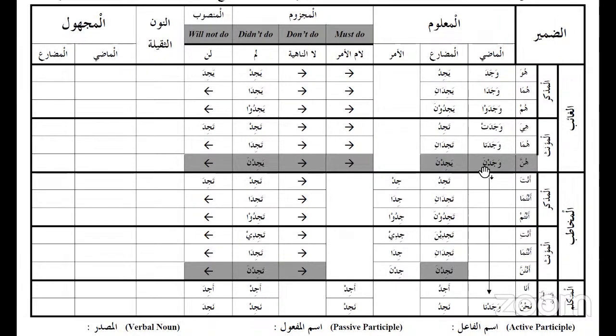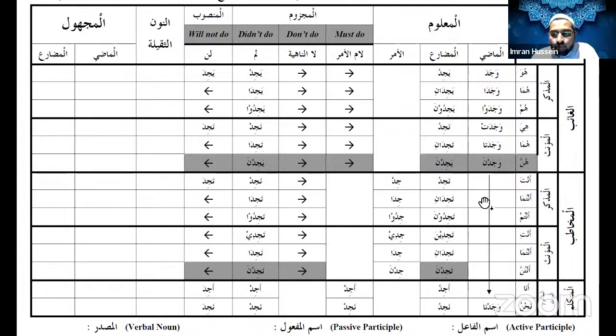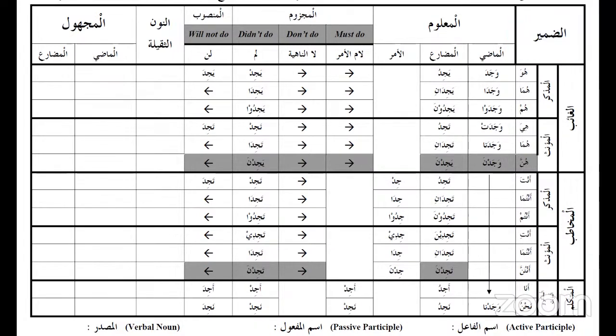Wajadata, wajadna. Then you need to add ta, tuma, tum, ti, tunna. These are the suffixes which you need to add. Bismillah. Wajad, wajadu. Have I gone left?